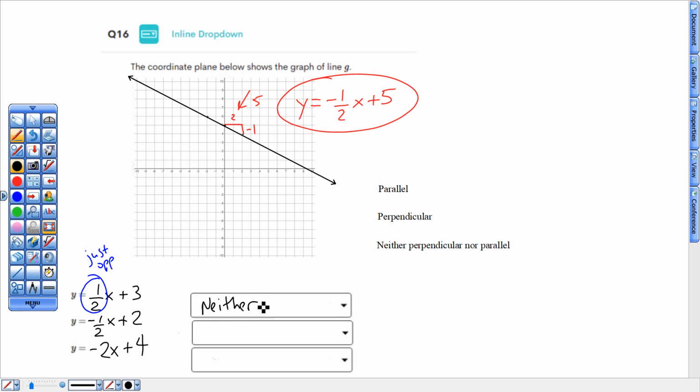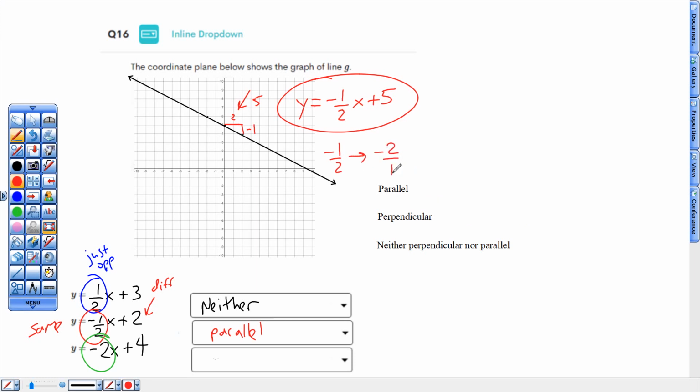All right, this next one has the same slope and has a different y-intercept. So that one makes that definitely parallel. And then that last one here, this negative 2, if I take this negative 1/2 and just flip it, that becomes negative 2.